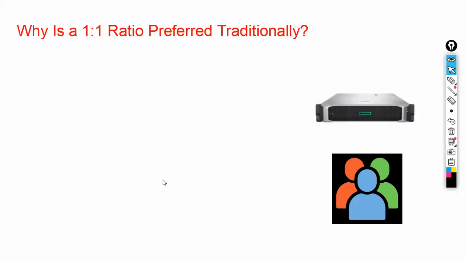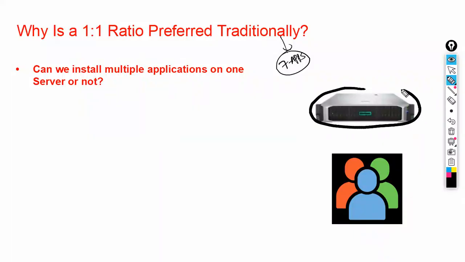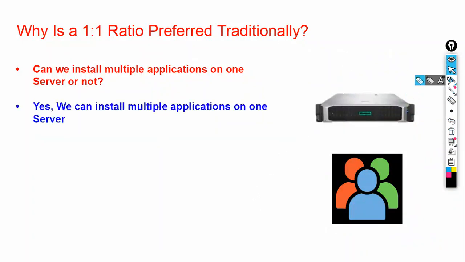So guys, you might be wondering, why do we have 7 applications? Can't we take only one physical server and install all the 7 services? The answer is yes, we can install multiple applications on one server.